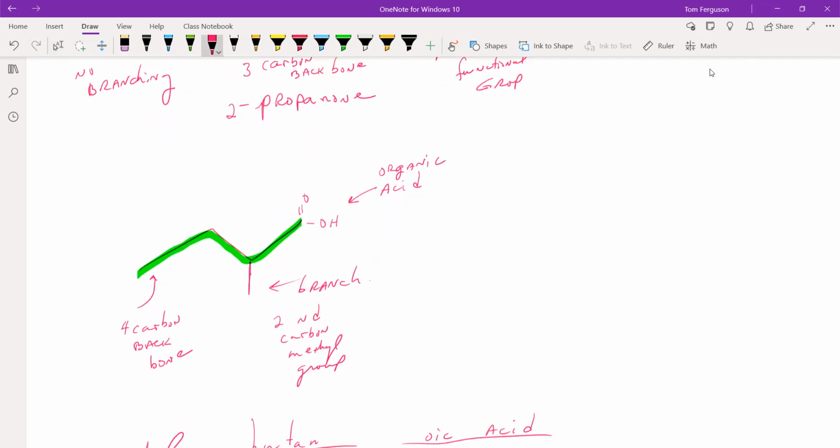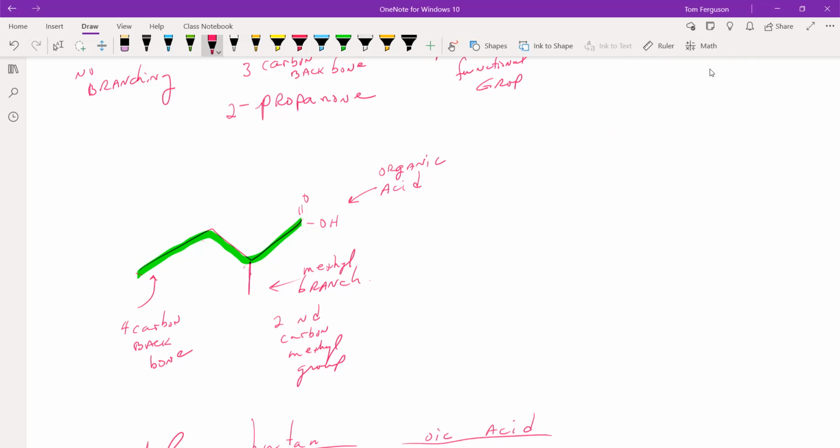Okay, this is a 4-carbon, and it's an organic acid. It's got a branch, a methyl branch. The carbon number 2, 1, 2. And remember, we can always number the backbone from left to right or right to left. Whatever gives the functional group the lowest number. So we go 1, 2, 3, 4, or 1, 2, 3, 4.